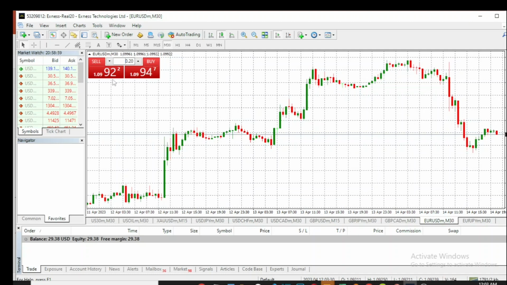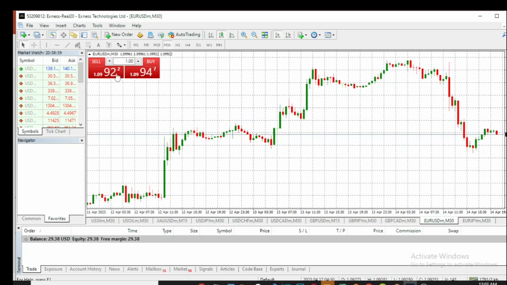You can increase, or you can even type in the value you want. Let's say I type in 1. If I put that in here, I'm already trading a standard lot. If I press buy or sell, I'll be buying a standard lot.